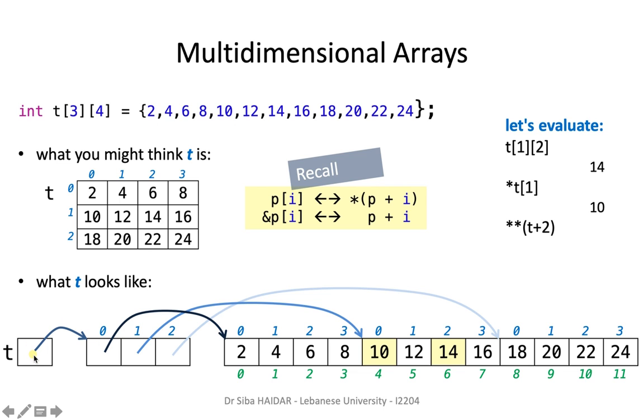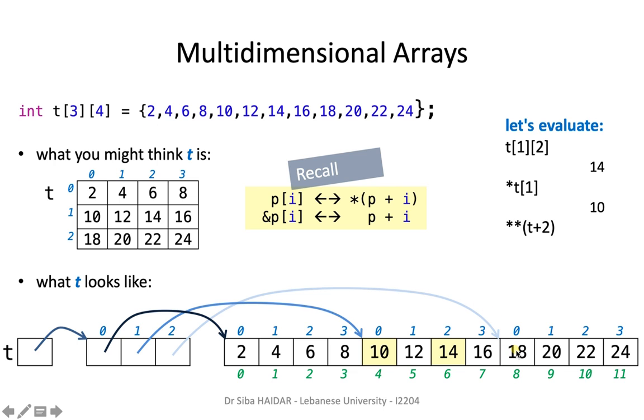Using pointer arithmetic, we advance 2 places, so t plus 2 is this address here, this corner. If we dereference it, we get this pointer. If we again dereference it, we will follow the light blue arrow to reach 18.